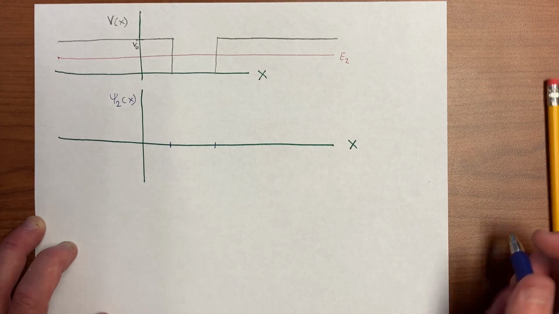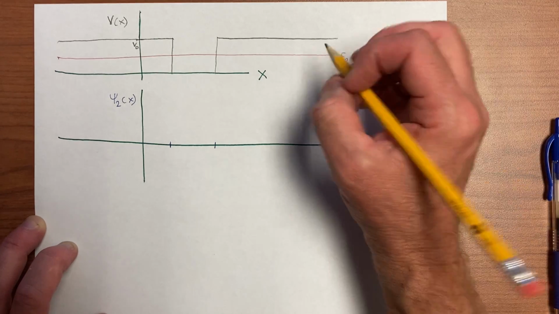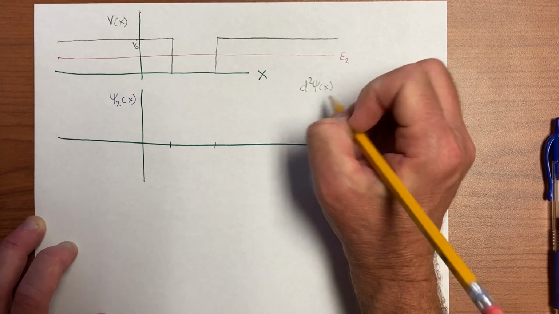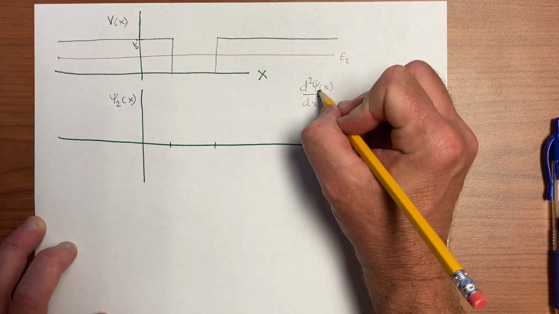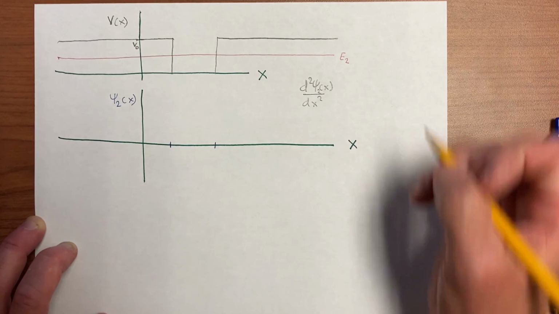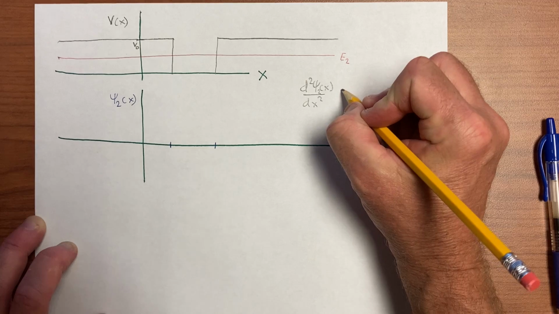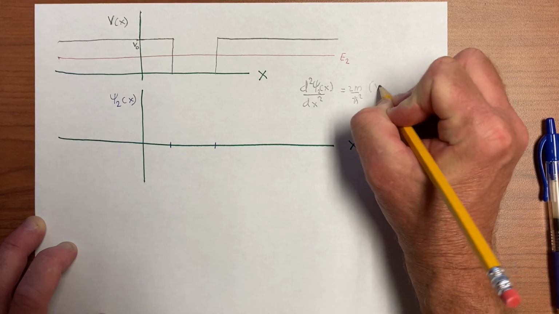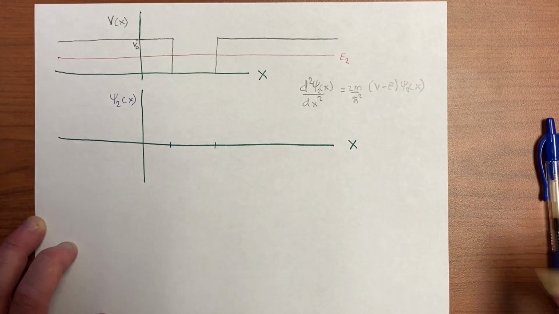And so the function, well, let's look at the Schrodinger equation. The Schrodinger equation reads second derivative of the eigenfunction. In this case, it's d2 of psi 2 over dx squared equals 2m over h bar squared (V minus E) psi 2 of x.